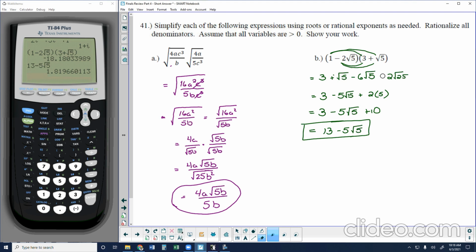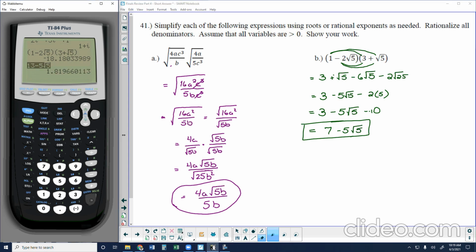My mistake came right here when I multiplied, hopefully you caught this, when I multiplied a negative 2 root 5 to positive root 5, that should be a negative 2 roots of 25, which would end up giving me negative 10. So my answer should be 3 minus 10, which is negative 7, minus 5 roots of 5.